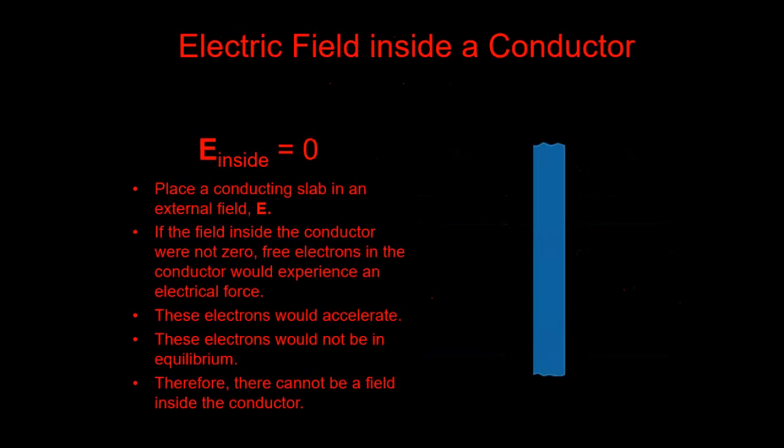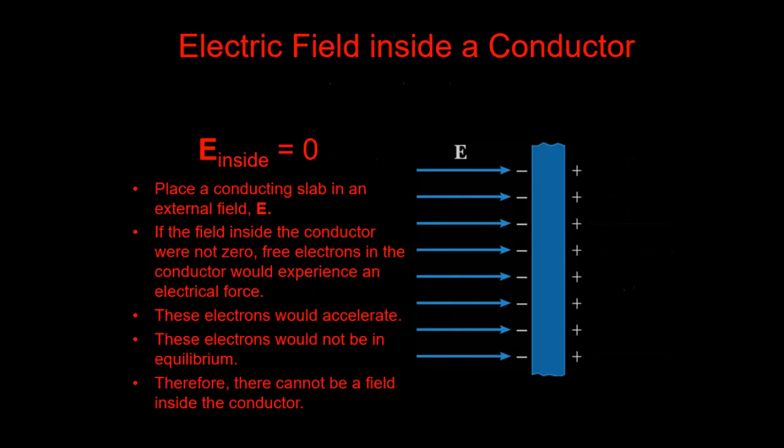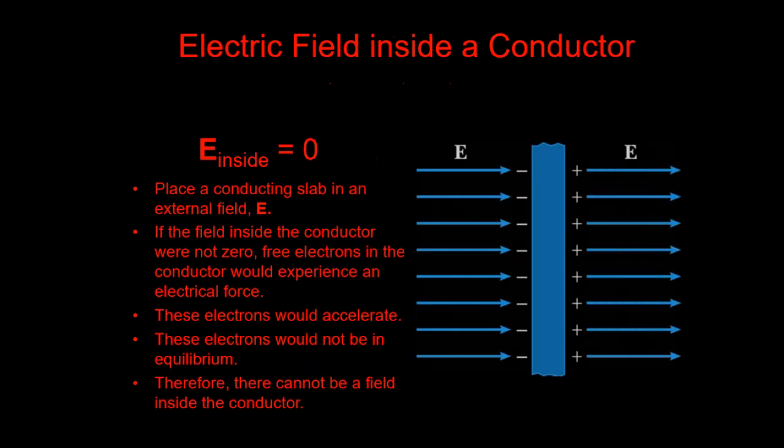But in general, what we've said is that the electric field inside a conductor is zero. If we take this particular conductor, say a piece of metal, and immerse it in this electric field, it will be affected by the electric field in that the field will flow around it. So the electric field inside here is zero, but the electric field around it is non-zero.